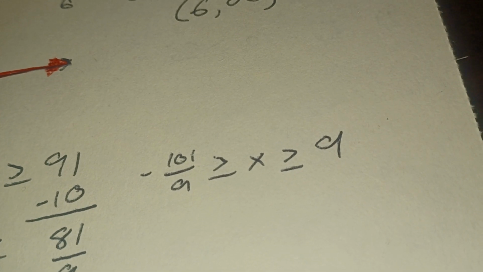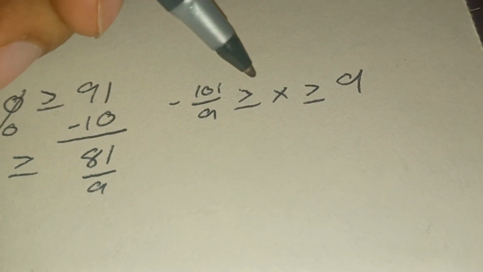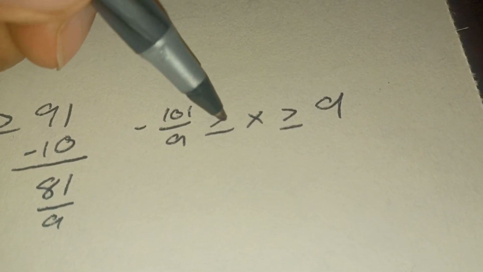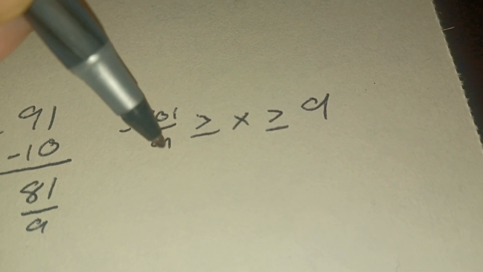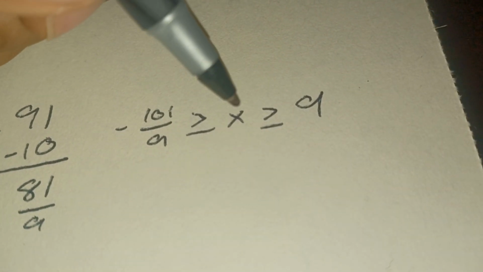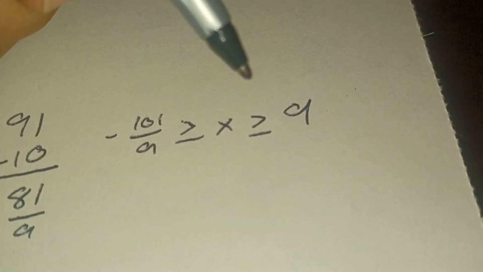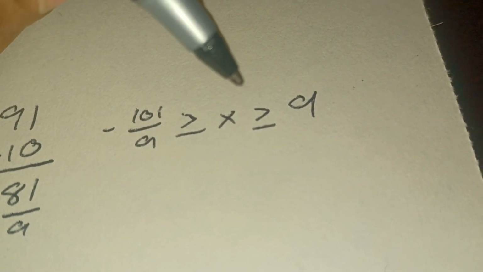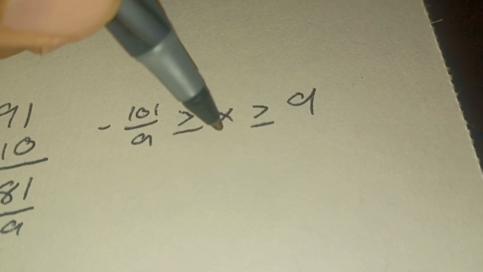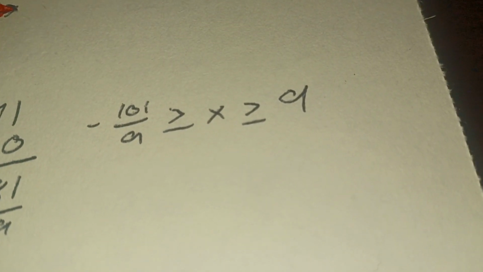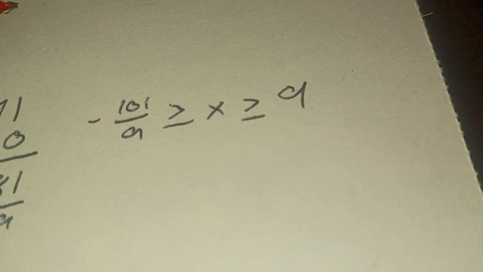So x is less than or equal to negative 101 over 9, and x is greater than or equal to positive 9.